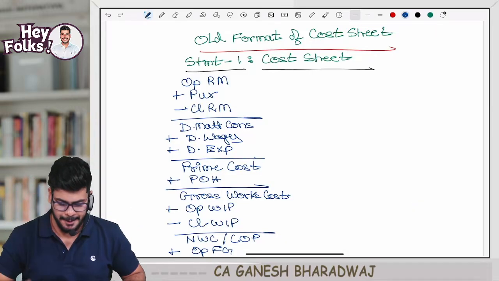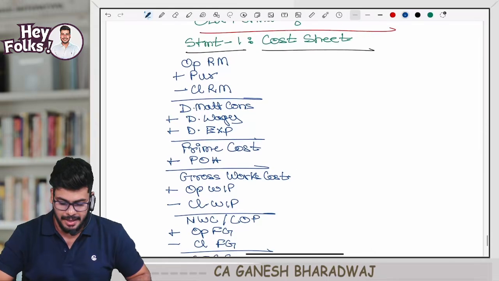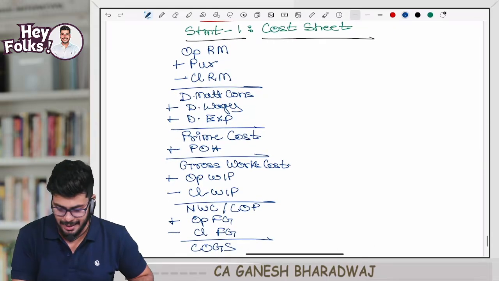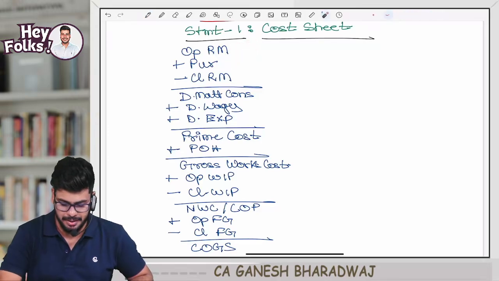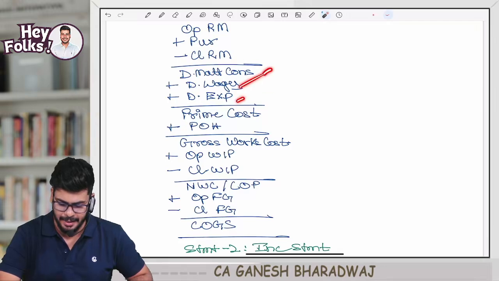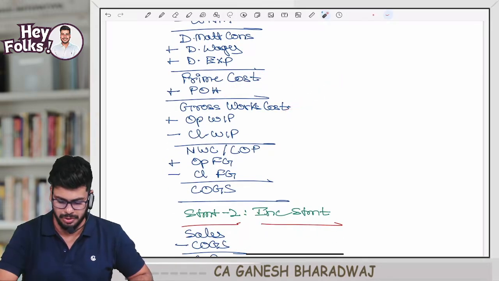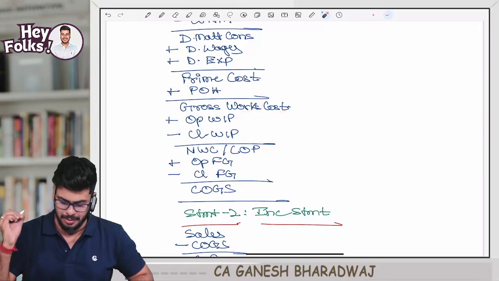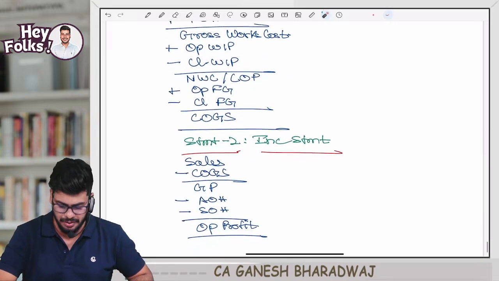So now, what does the old format of cost sheet say? It says the format is as follows: opening stock of raw material, add purchases, minus closing stock of raw material gives you direct material consumed, add direct wages and direct expense gives you prime cost, add production overheads gives you gross works cost, add opening WIP less closing WIP gives you cost of production, add opening FG less closing FG gives you COGS.